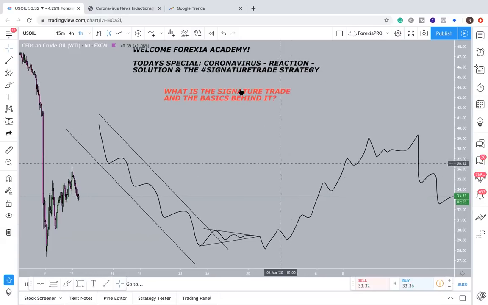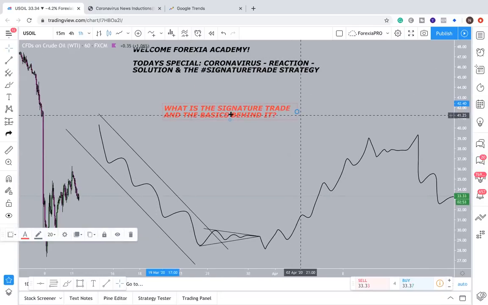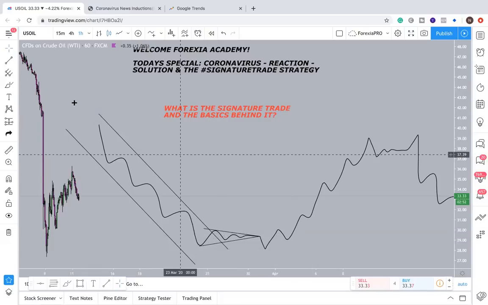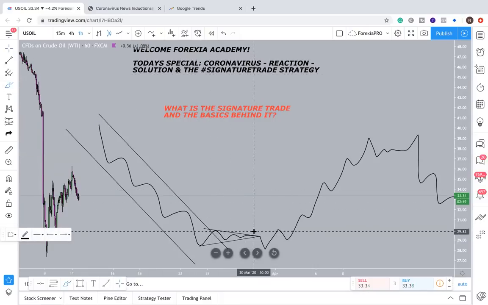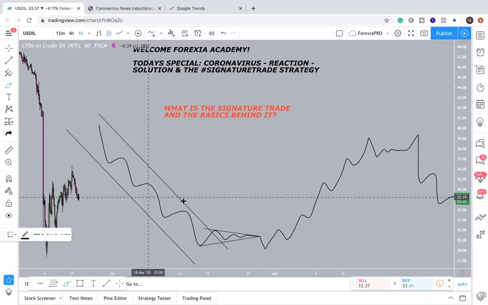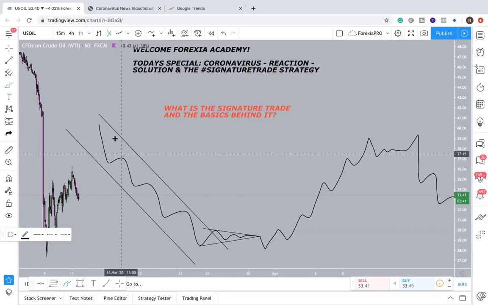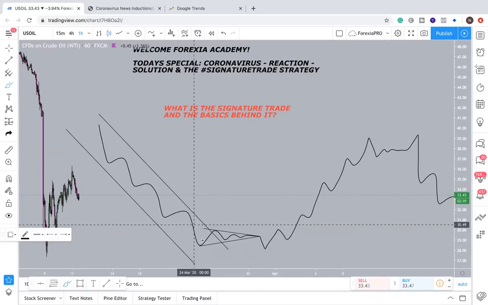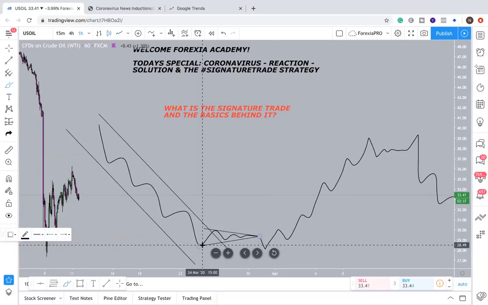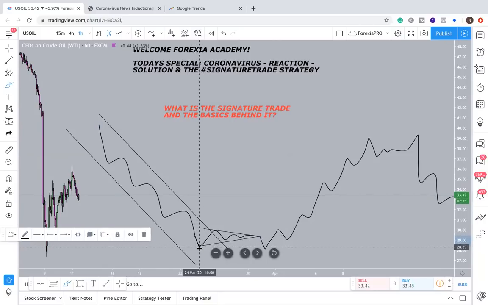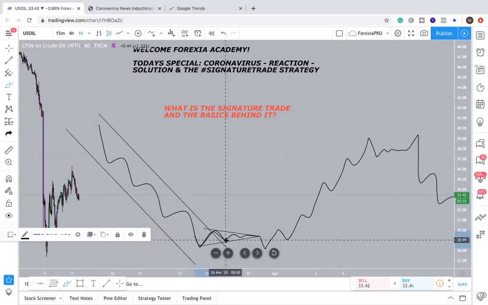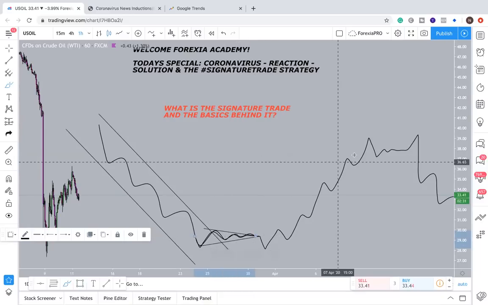Now, this move, the signature trade, the wedge breakout reversal pattern, the induction, happens at the very last stage of the trend. Okay, when a trend is just about to reverse, it'll create the lowest low and then that wedge, or vice versa.